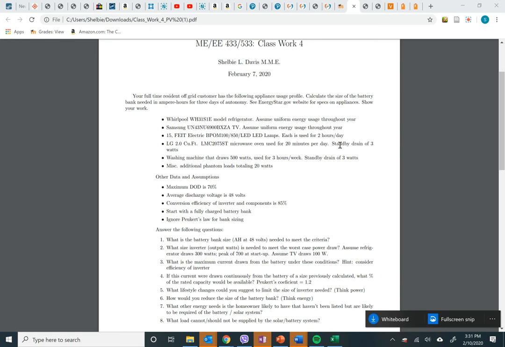You probably are gonna have standby for the TV as well. Doesn't it say to assume uniform energy usage of the TV? It says for, oh yeah, because that spec will give you the per year instead of hours per day. Because I've looked at these specs already.